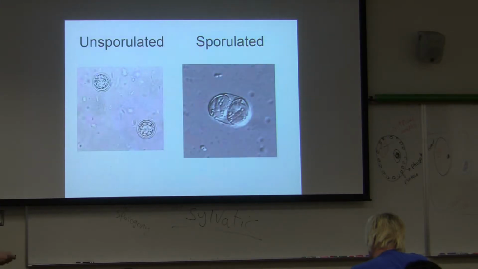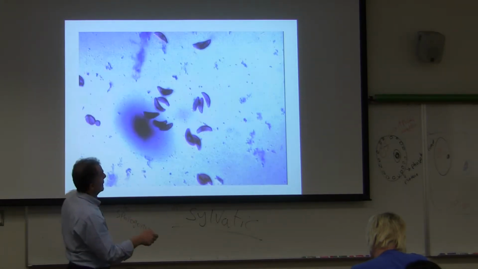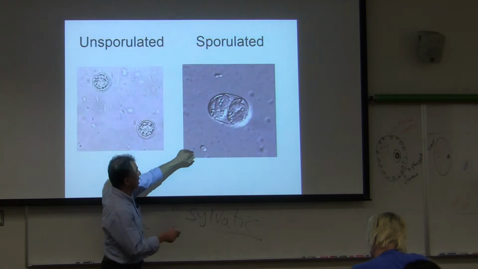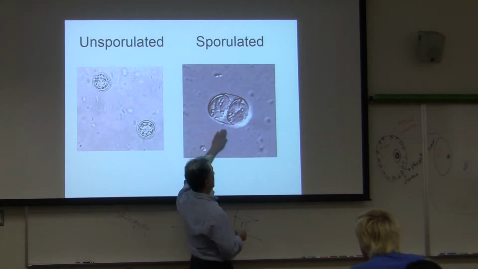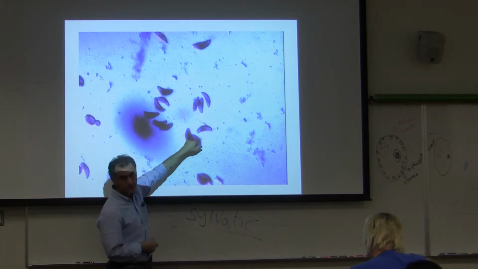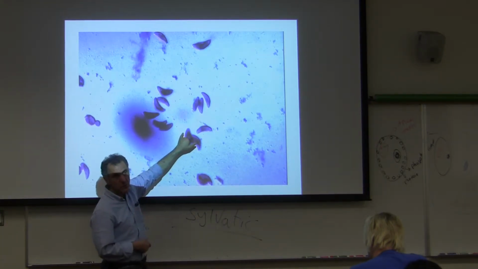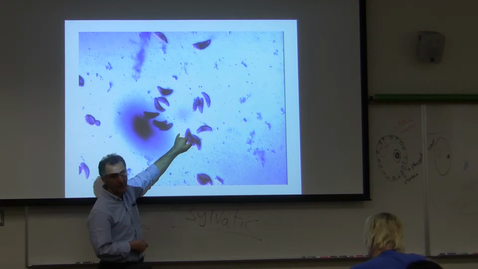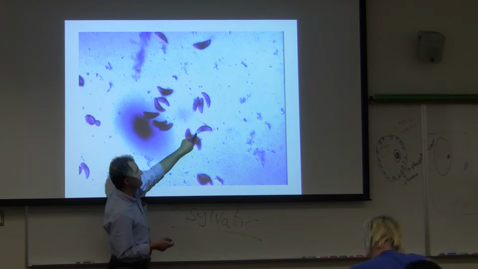And then when we ingest sporulated oocysts, what happens? They get out of this shell in the intestine of their host, and they multiply rapidly. And that's what Manceaux and Nicolle saw in Africa in 1908. They sacrificed the rodents, and they saw these little guys.